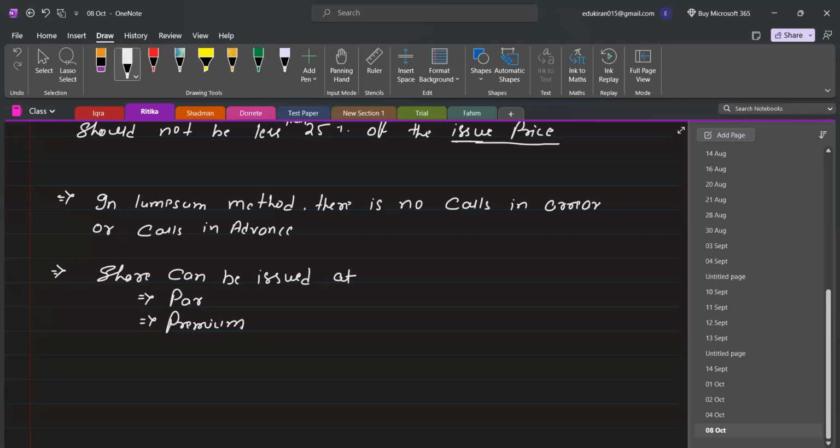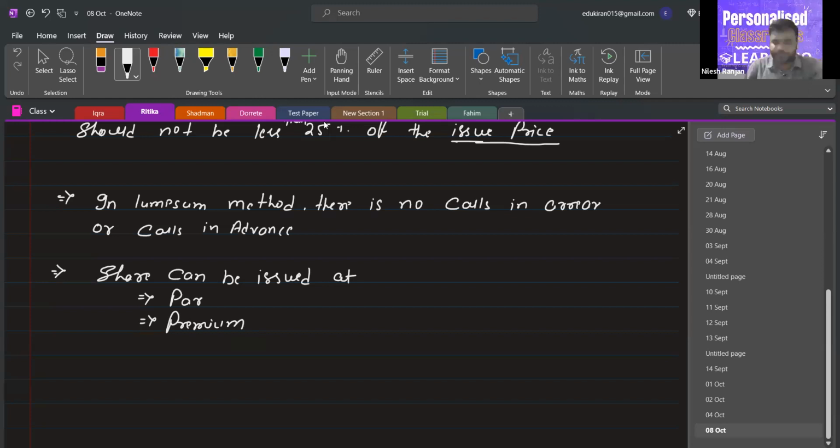Now, what does it mean by share issued at par, at premium, or discount? The share issued at par means it is equivalent to the value of the money. But in premium, it is charged extra, and in the discount, it is charged less.